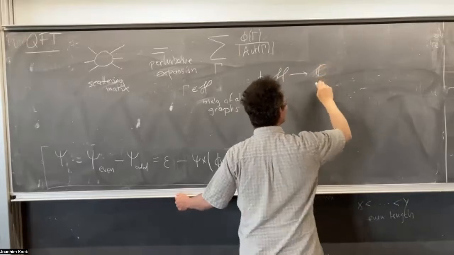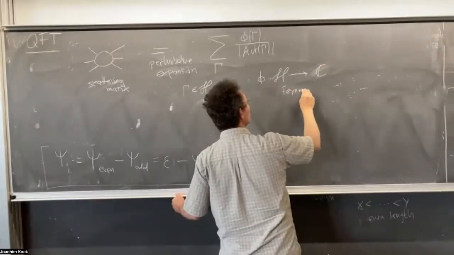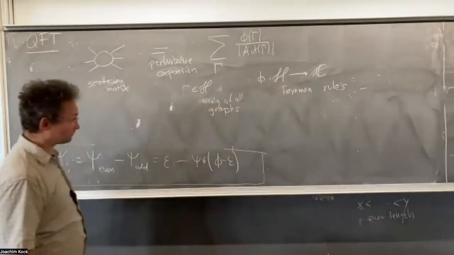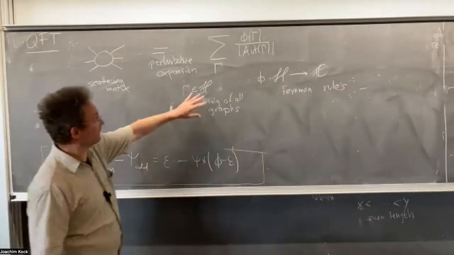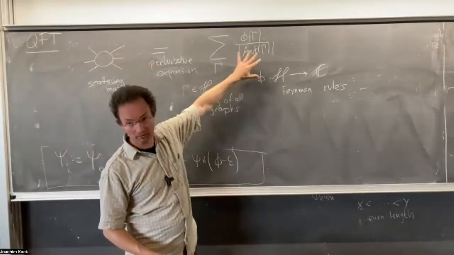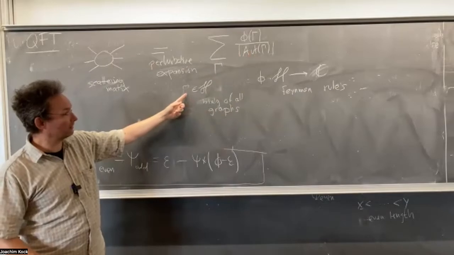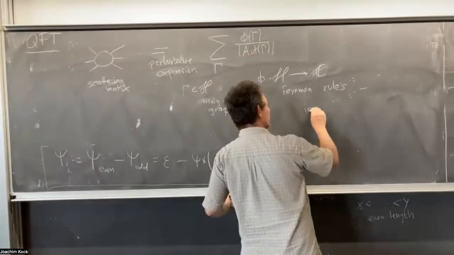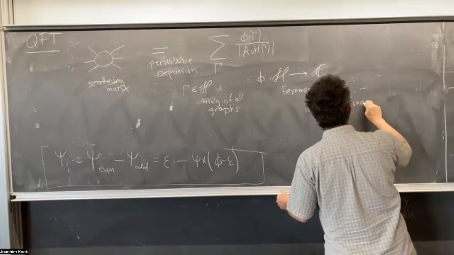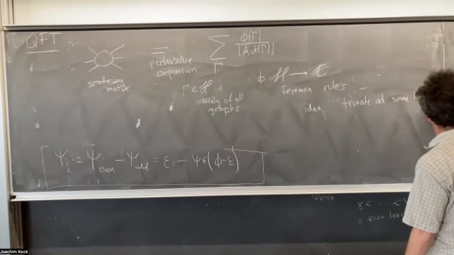These are the Feynman rules, or Feynman amplitudes. So the idea is that the contributions of all these interactions become very small when the graph gets complicated, when it has many loops. So the idea is to truncate at some loop number.